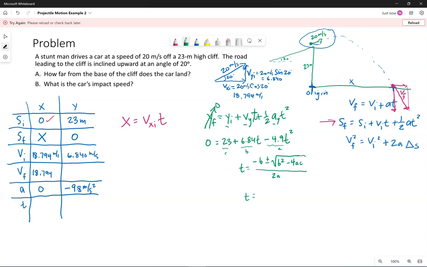So the time will be negative 6.84 plus or minus the square root of 6.84 squared minus 4 times a, which is negative 4.9, times c, which is 23, all over 2a.